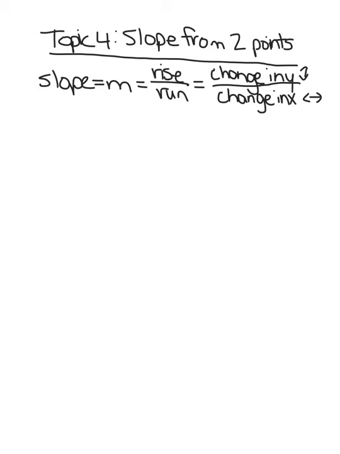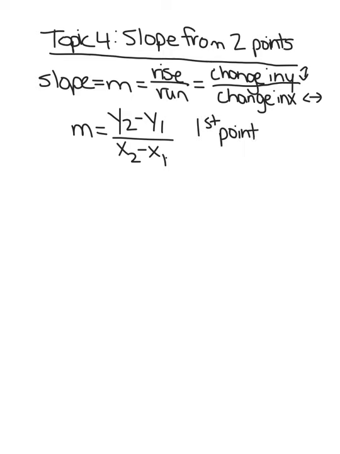Now we can write an equation to find slope. So slope equals, this is what the equation looks like, y2 minus y1 over x2 minus x1, where the first point is x1 comma y1, and the second point is x2 comma y2.